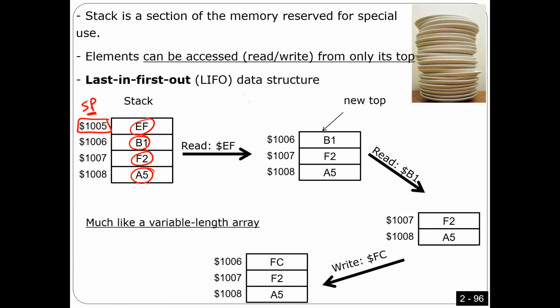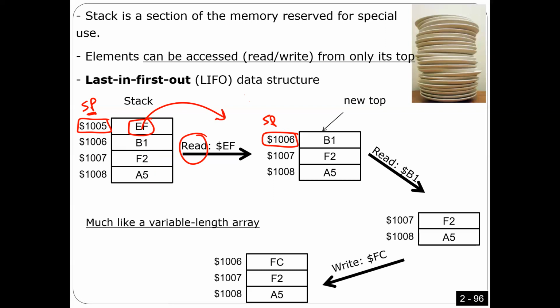That's the main difference between reading or writing from a stack and reading or writing from the normal memory, what we did before. I'm going to say to the stack that I want to read, and you don't have an option. I'm going to give you the one at the top here, and now the stack pointer is going to be updated. It's going to shrink automatically. So now the stack had 4, now it has 3, right?